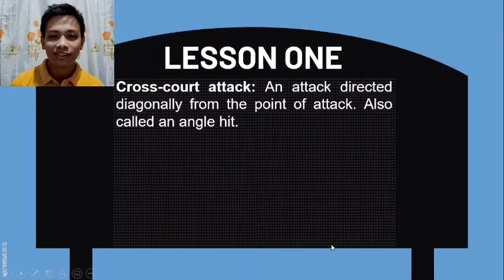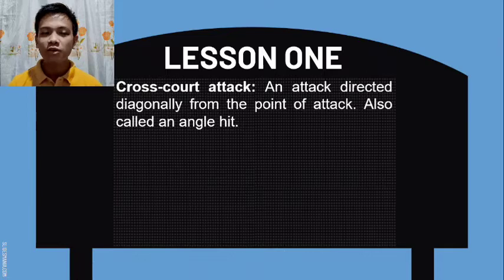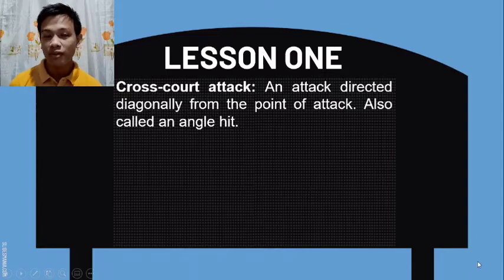Next, cross-court attack. Siguro may mga mahilig dito sa volleyball or fan ng mga PBL, UAAP. Familiar kayo sa cross-court attack. An attack directed diagonally from the point of attack, also called an angle hit.